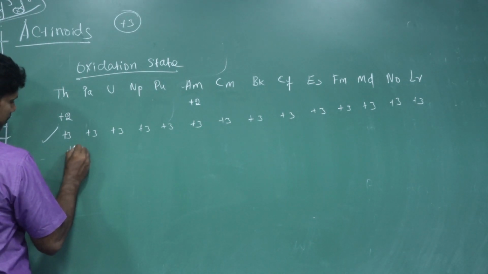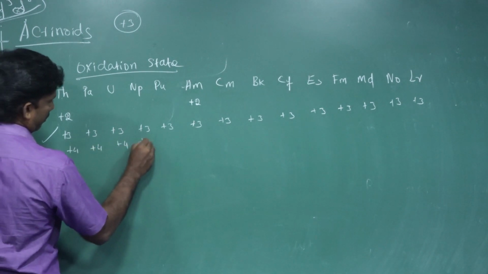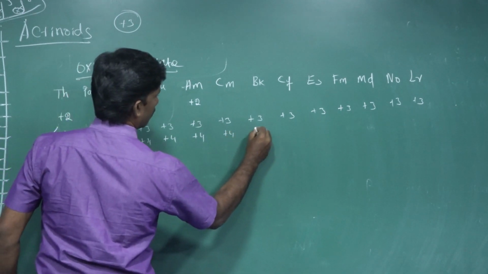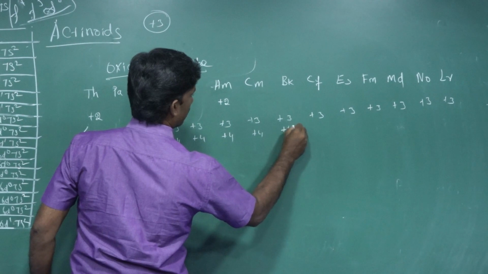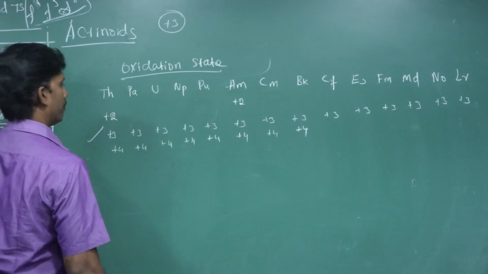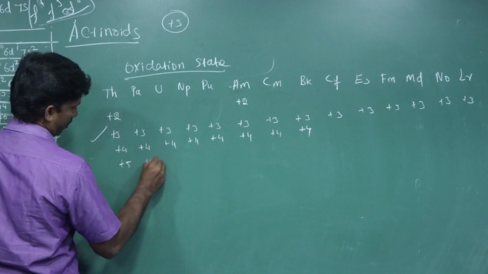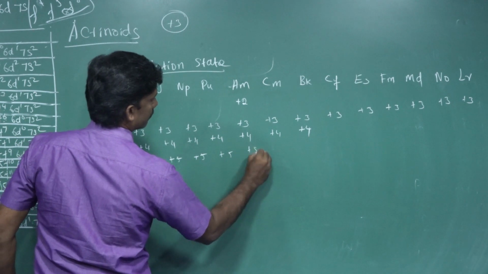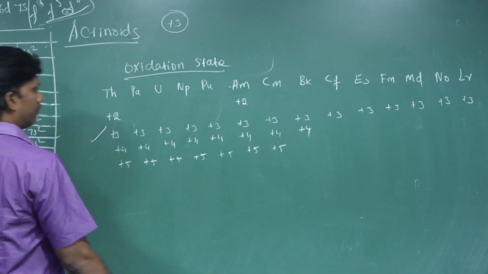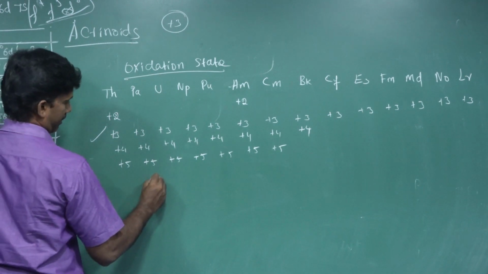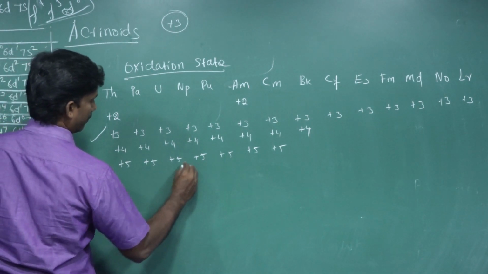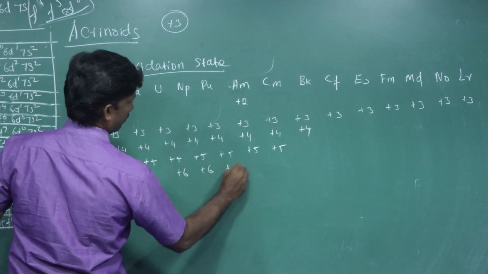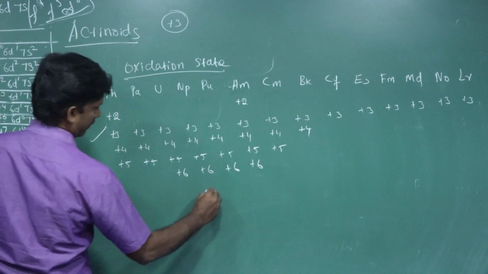Then +4 is shown till berkelium. +5 is shown till americium, +6, and +7.